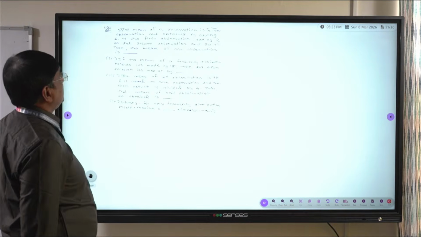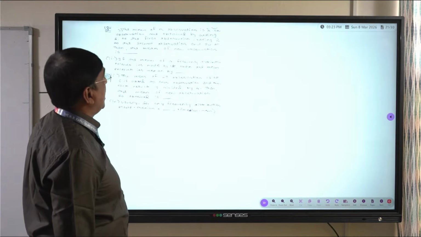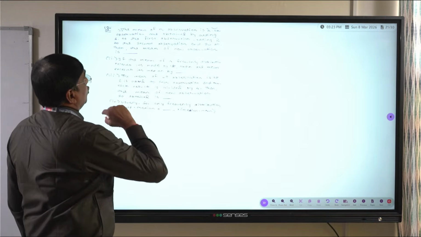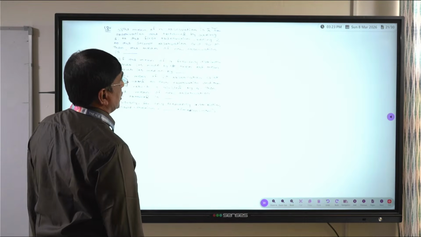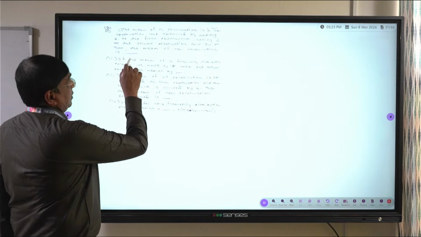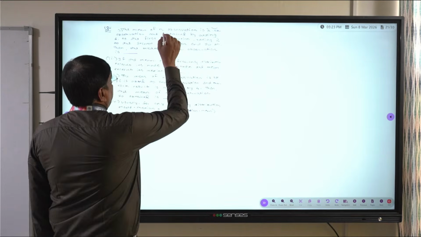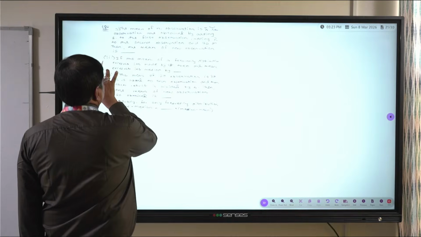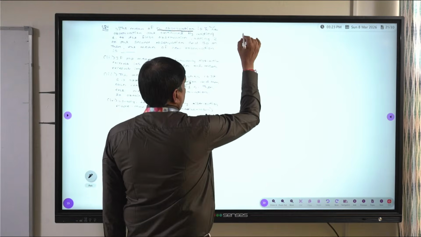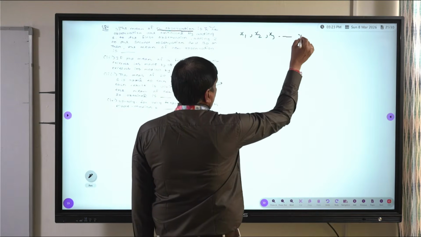Important sum. The mean of n observation is x bar. Now observations are obtained by adding 1 to the first observation, adding 2 to second observation, and so on. Then find the mean of the new observation is dash. First of all, we have n observations. The observations are x1, x2, x3, up to xn.